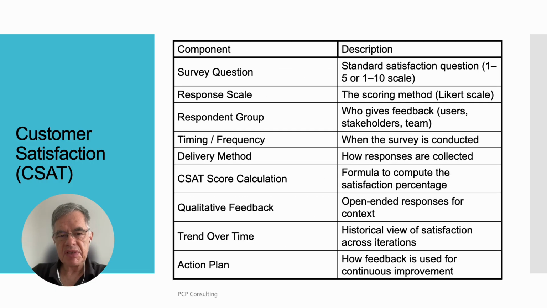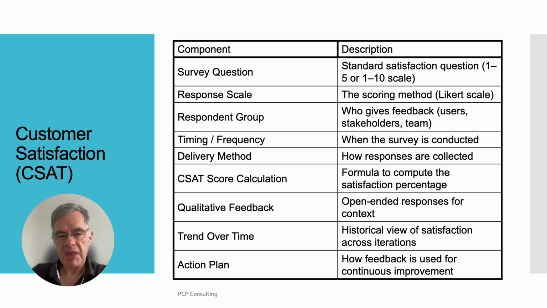The table summarizes column 1 component, column 2 description. Survey question, standard satisfaction question, 1 to 5 or 1 to 10 scale. Response scale, the scoring method, Likert scale. Respondent group, who gives feedback, users, stakeholders, team. Timing, frequency, when the survey is conducted.